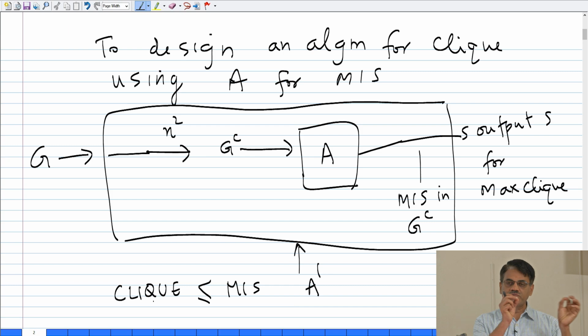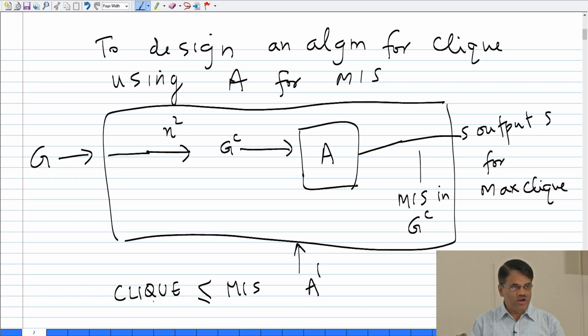We take that graph and feed it to my network flow algorithm. Well, my network flow algorithm needs capacities, so I added capacity 1 for every edge. I fed it to my network flow algorithm, and from the output, I know the answer. Using subroutines is something we always do in your programming anyway.